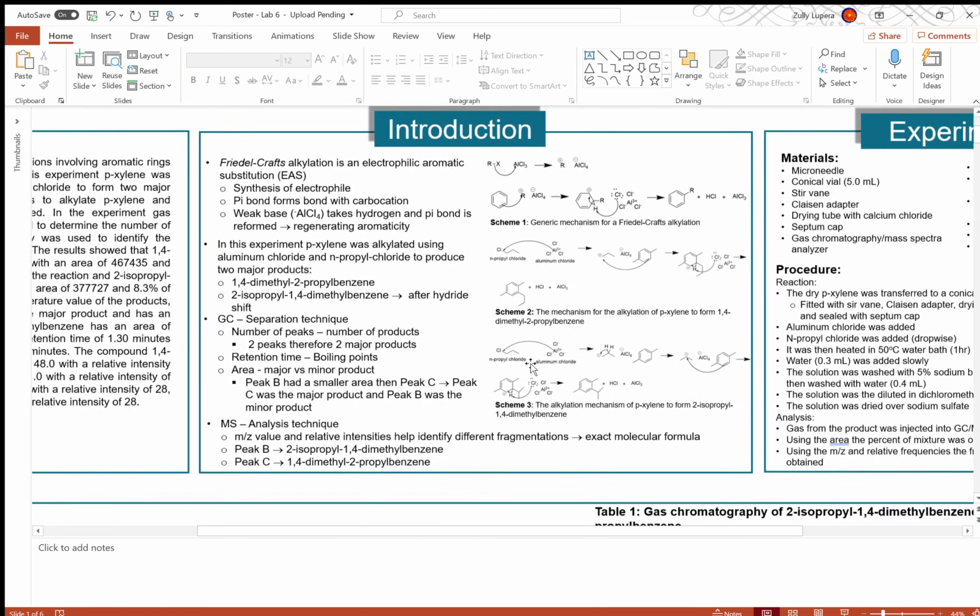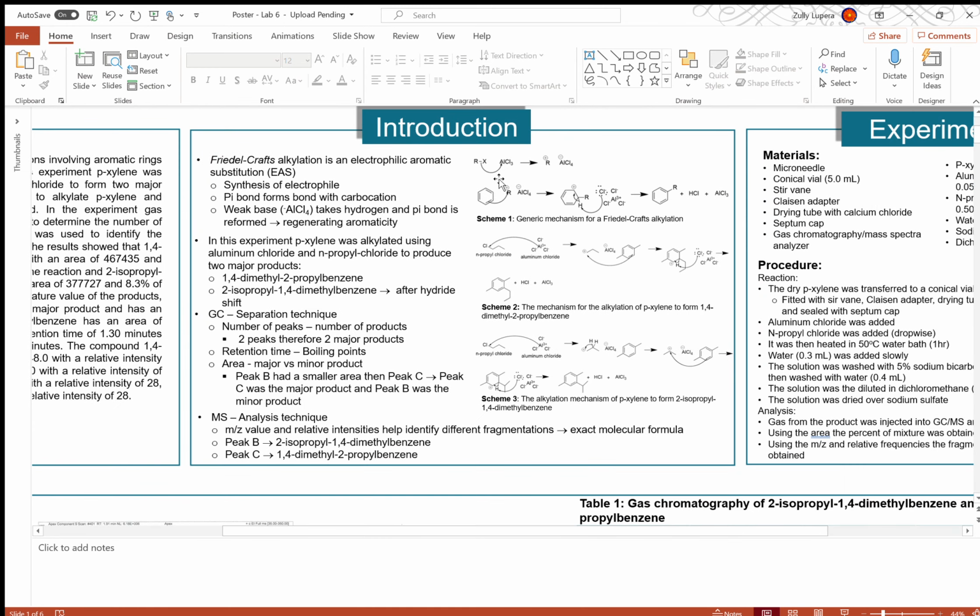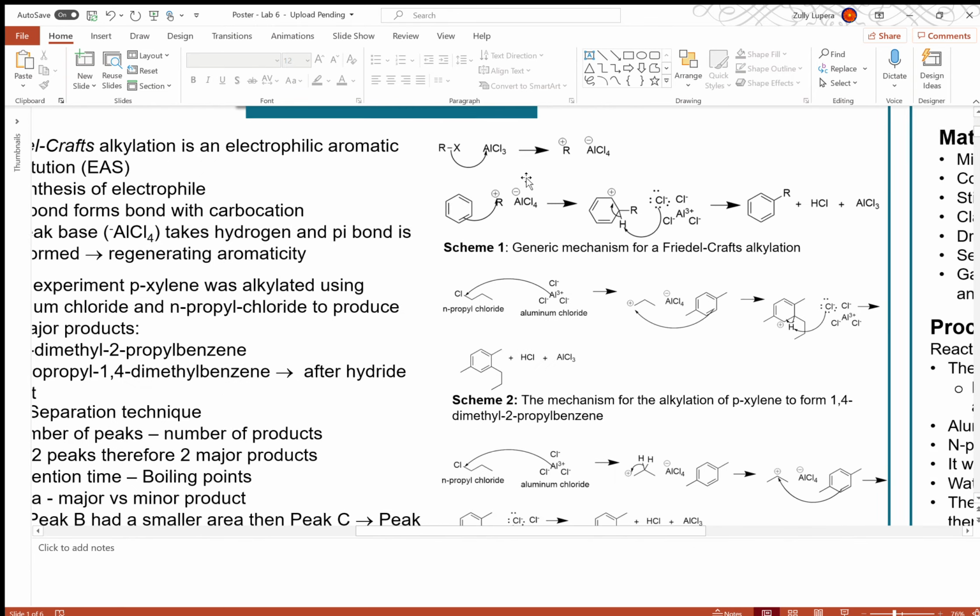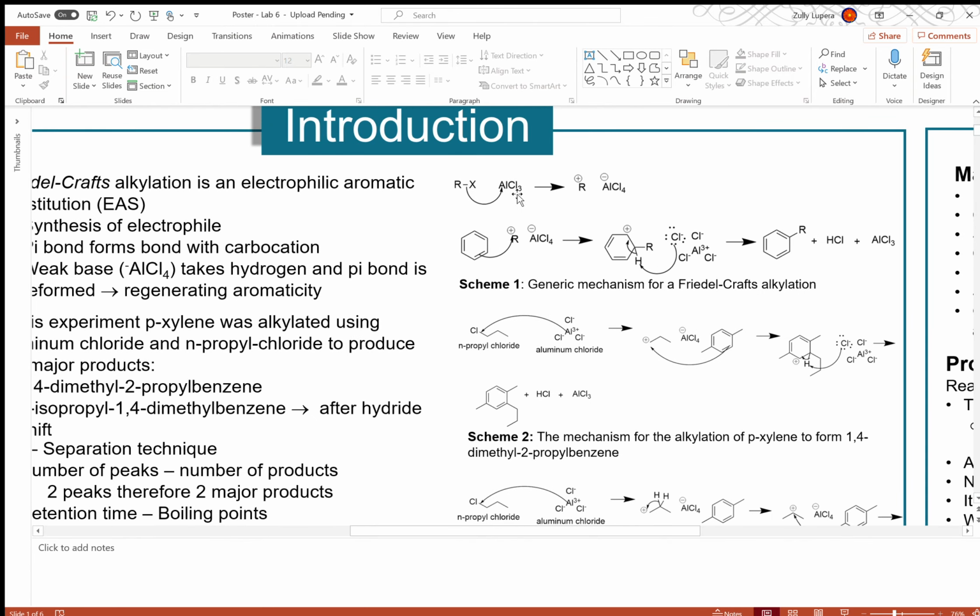As previously mentioned, Friedel-Crafts alkylations are electrophilic aromatic substitutions. So we first synthesize the electrophile using a halide, and in this case we used N-propyl chloride and aluminum chloride. The aluminum chloride takes the chlorine and leaves us with a carbocation.